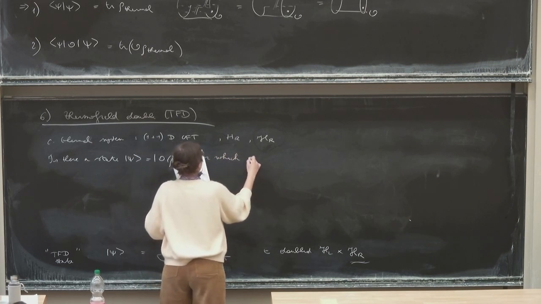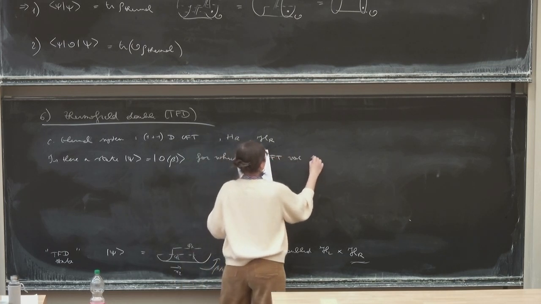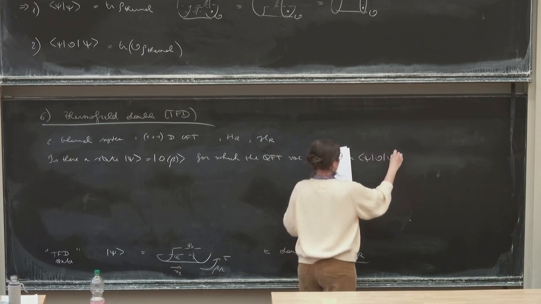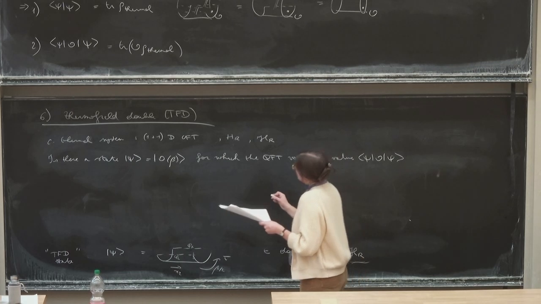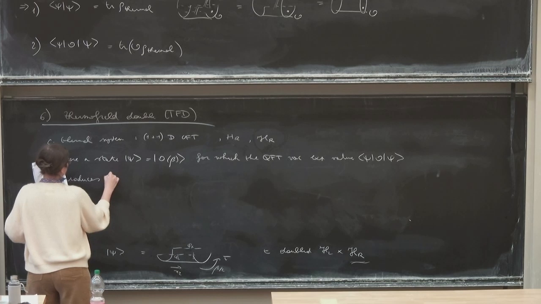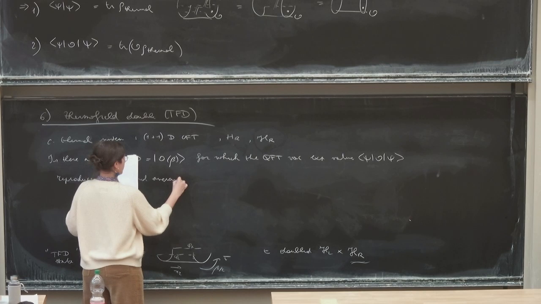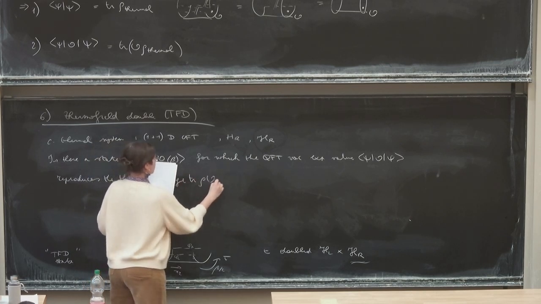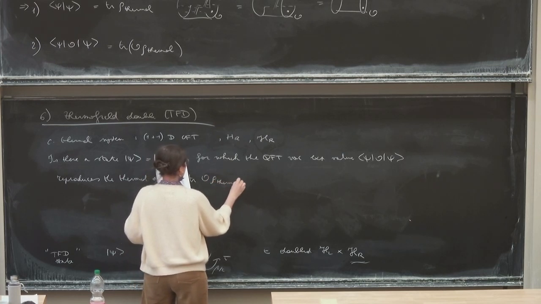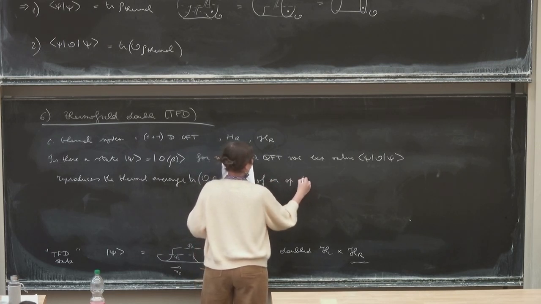Is there such a state for which the QFT vacuum expectation value reproduces the thermal average, trace rho thermal O, trace O rho thermal, of an operator O? Okay.